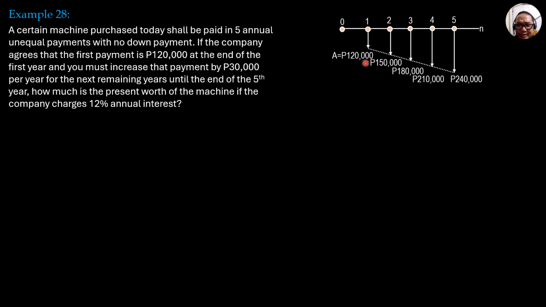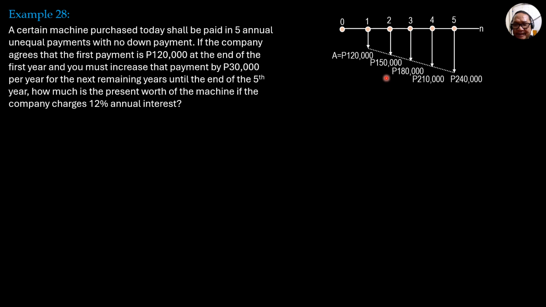It begins with 120,000 pesos, and it is to be increased by 30,000 times x. So summation of quantity 120,000 plus 30,000 x divided by, because we're going to compute the present worth, 1.12 to the power x plus 1.